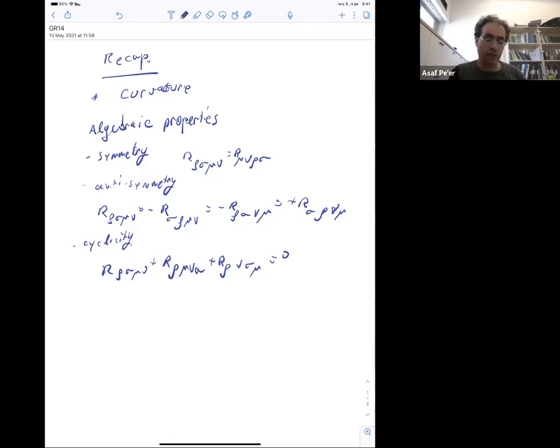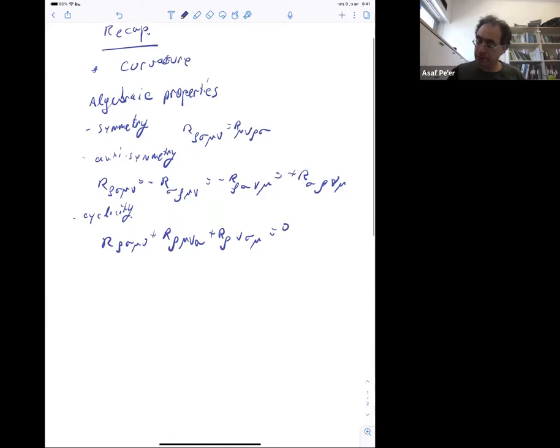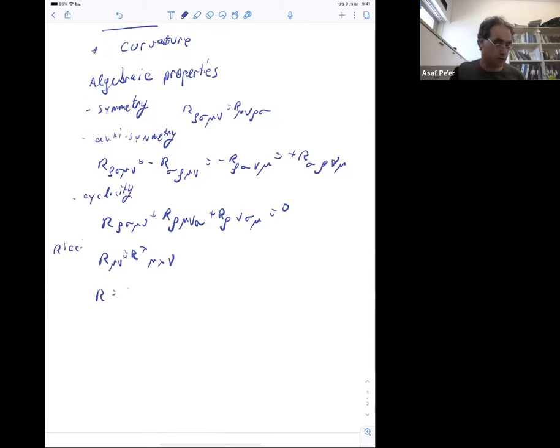We introduced the Ricci tensor, R mu nu is R lambda mu lambda nu, by contracting the first and third indices, and the Ricci scalar R, just R mu mu.